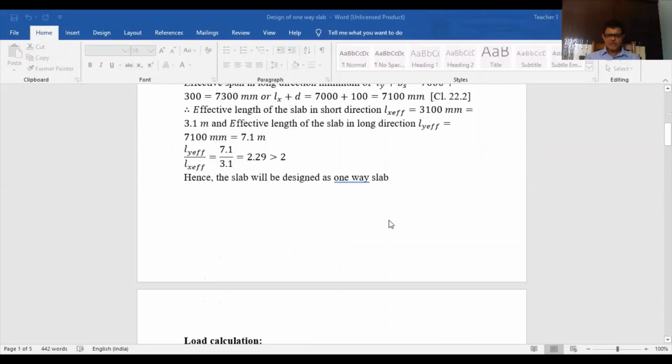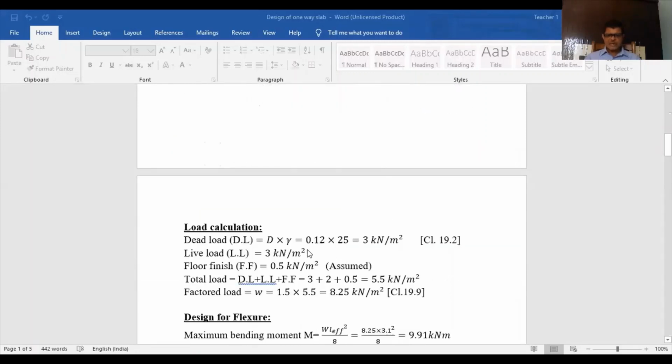Then dead load. What is dead load? Dead load is calculated as thickness into 25 kilonewton per meter cube, which is the unit weight of concrete. Unit weight of concrete into 0.12 gives 3 kilonewton per meter square. So dead load is 3 kilonewton per meter square, and live load is 3.